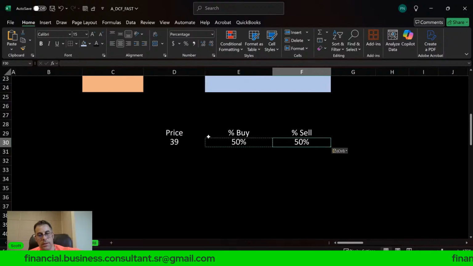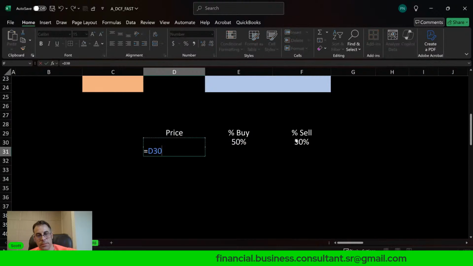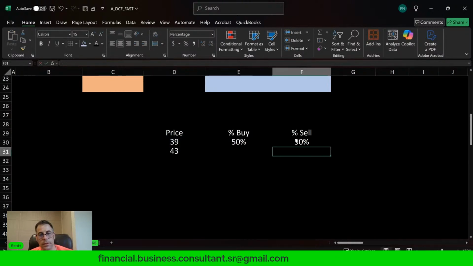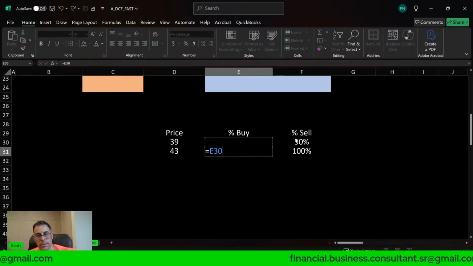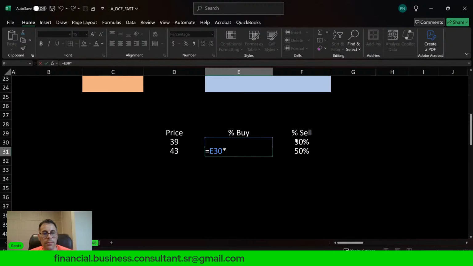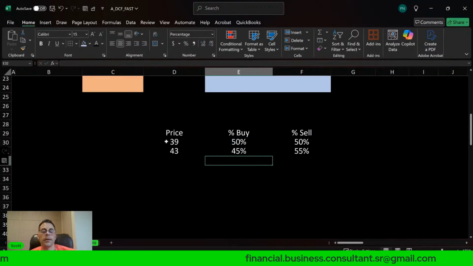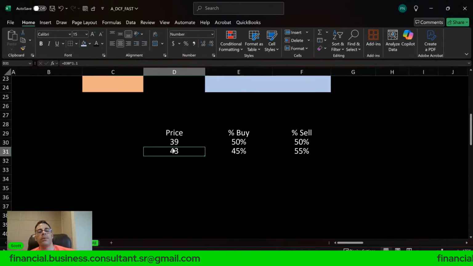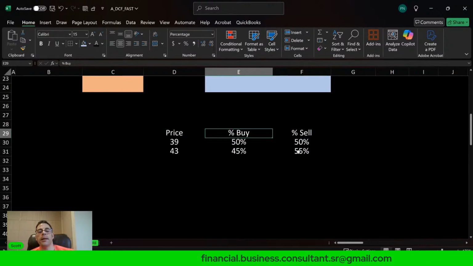Say it's about 50-50. Every time it goes up, say it goes from 39 to 43, instead of being 50-50 buy sell, now you have 55% looking to sell it and 45% looking to buy it.